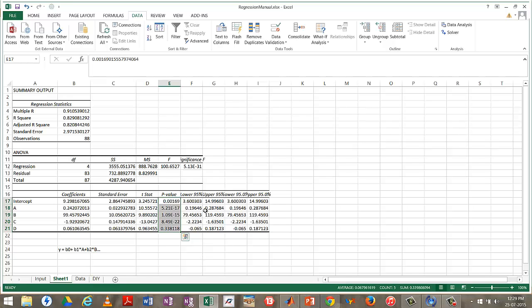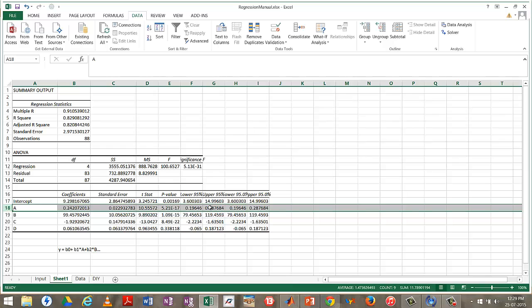Okay, and what you have out here are a set of p-values, and these p-values and these t-statistics correspond to a hypothesis about the coefficient. So let's take one example. I'm just going to highlight this example. We've got some coefficient for A, and that's 0.2420.